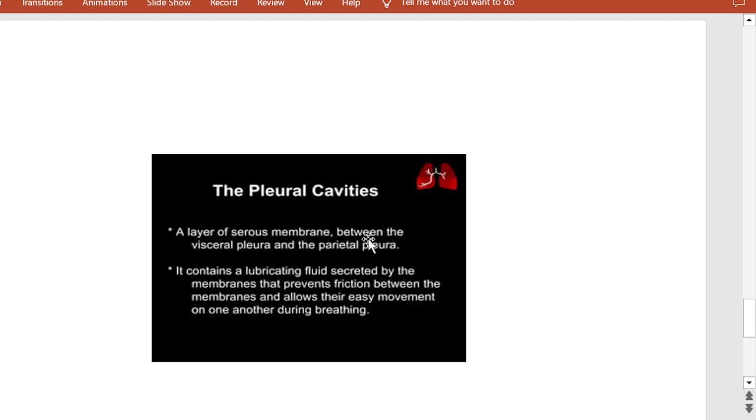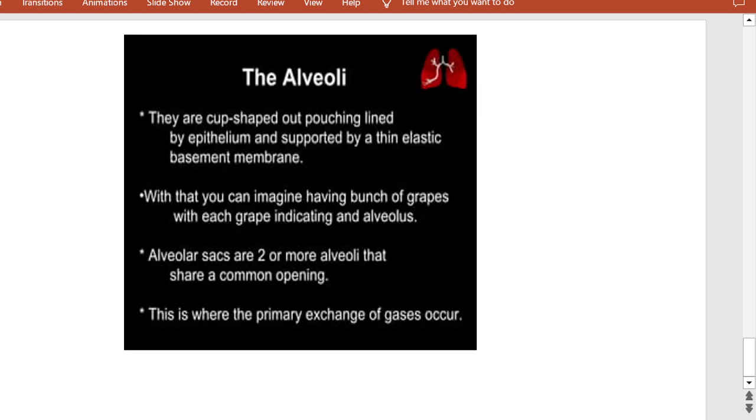The layer of serous membrane between the visceral pleura and parietal pleura is called the pleural cavity, and it is a serous membrane structure. It contains a lubricating fluid secreted by the membranes that prevents friction between the membranes and allows their easy movement against one another during breathing. So it is like a shock absorber, we can say. That is the other important thing.